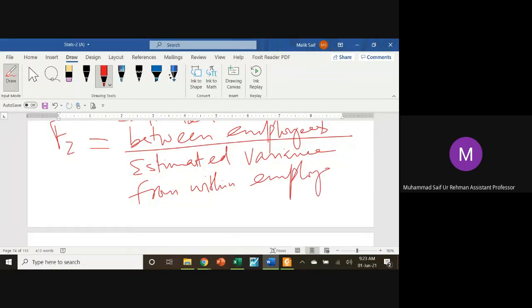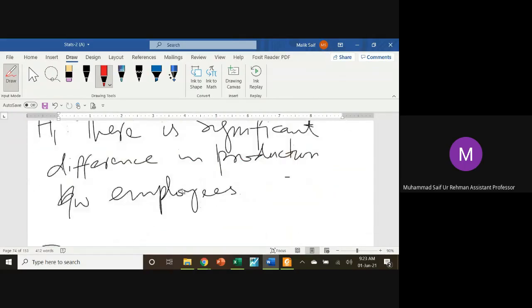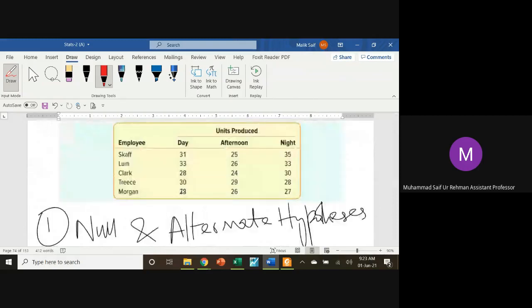So from within employees, again all these values will be considered that are there in the question in this table.